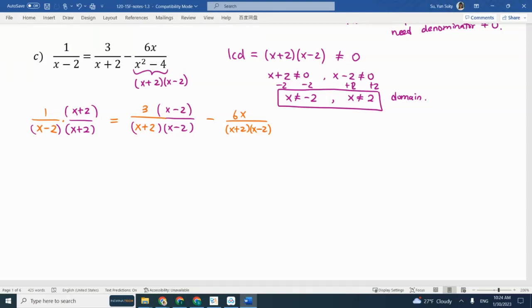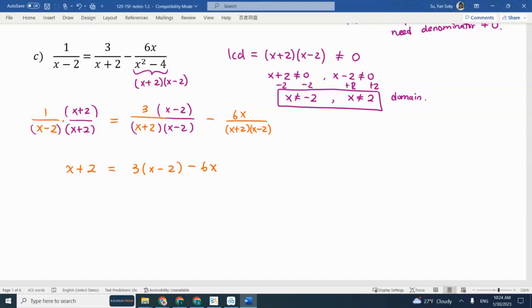Now we check. Each term has this least common denominator. So we multiply by the least common denominator on both sides. Right, everybody? So it's like, oh, okay, I didn't hide all the denominator. What is the numerator? So, x plus 2 equals, let's distribute in the next step, okay?